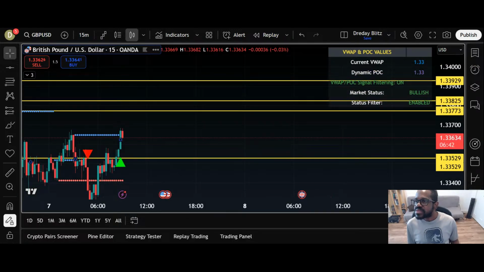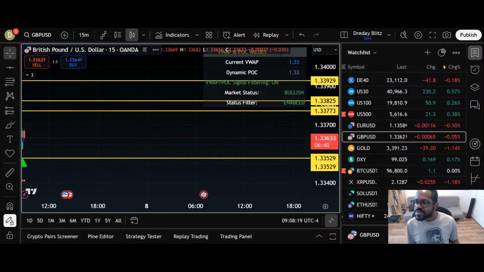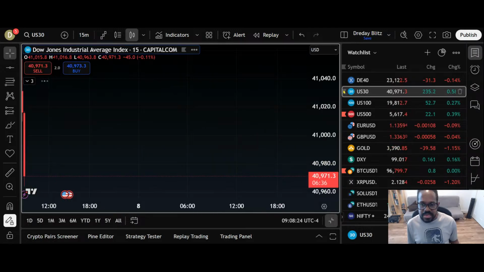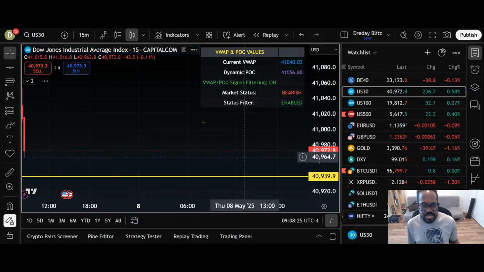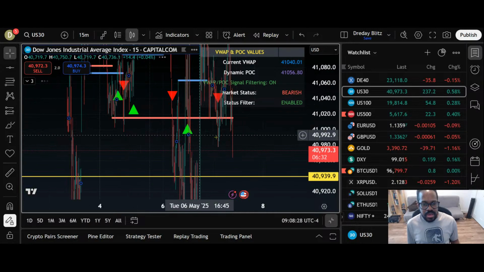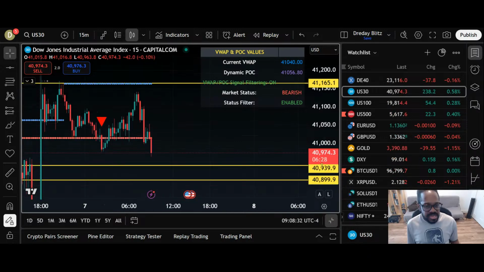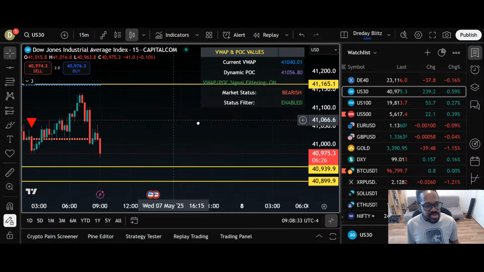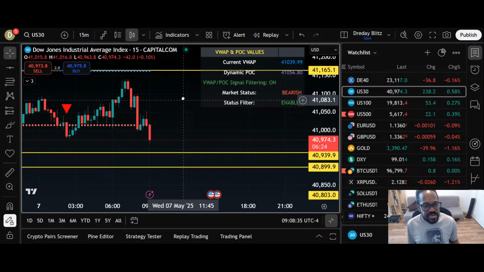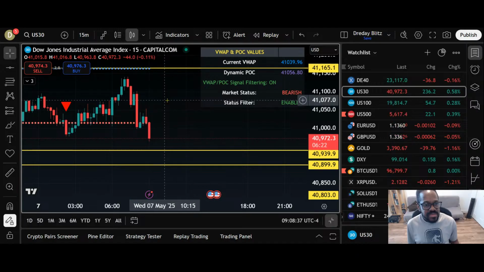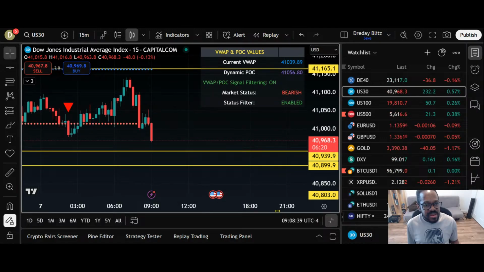Then let's look at US 30. At London, we had a sell on US 30. That sell started to retrace, and now it's looking to do the movement here.